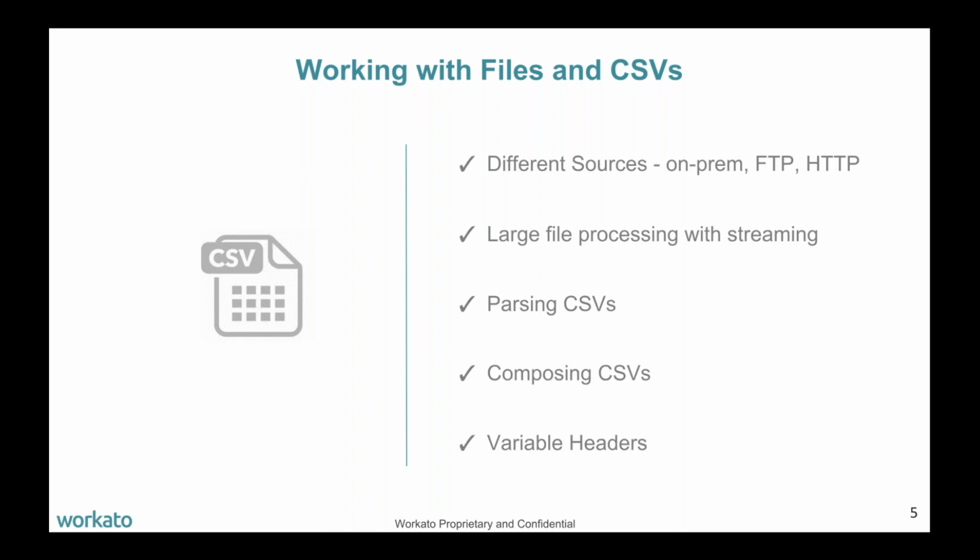And then we're going to highlight this feature that we released recently to be able to work with variable headers. CSV files that may not have the same ordering, or also at the same time, CSV files that may not have the same headers and naming conventions.